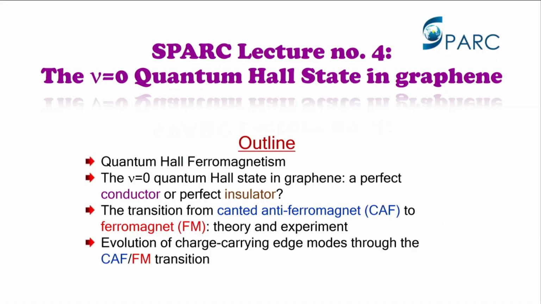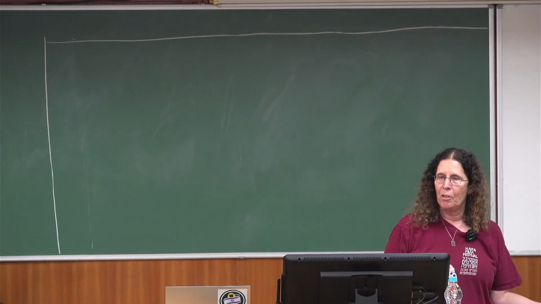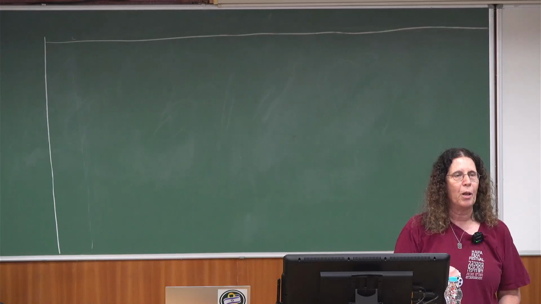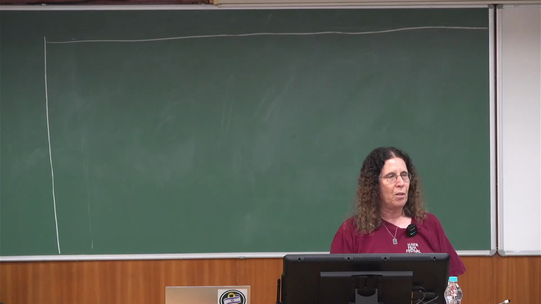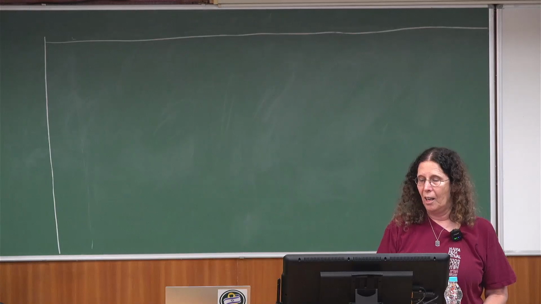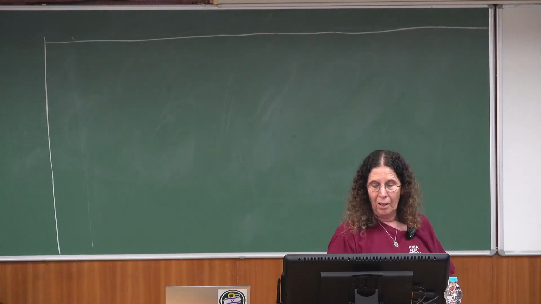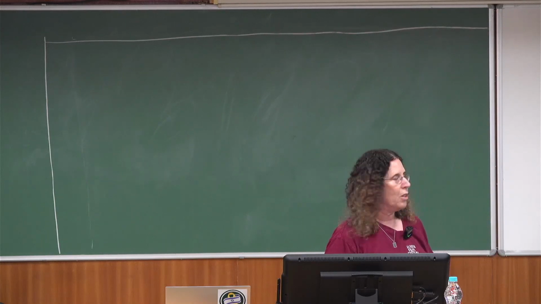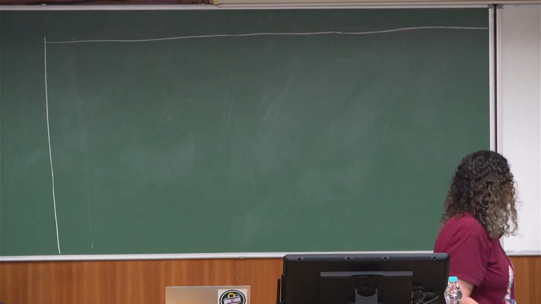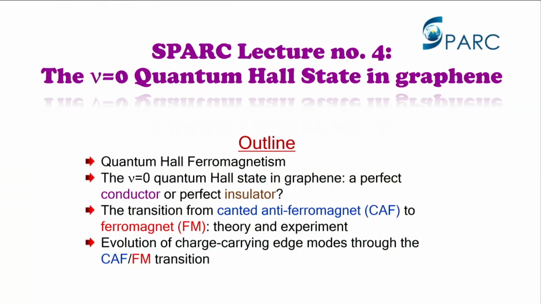Then I will introduce the zero filling factor quantum Hall state and give you an overview of the first experiment. First of all, it was observed experimentally. And then there were some theoretical ideas, and at least in the first years after its discovery, there was confusion about what you would expect it to be, either a perfect conductor or an insulator.